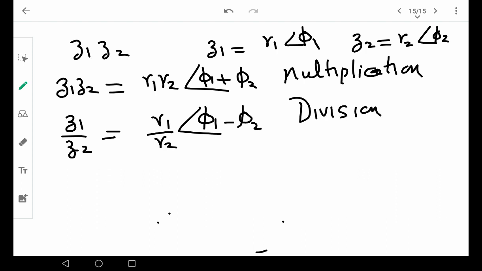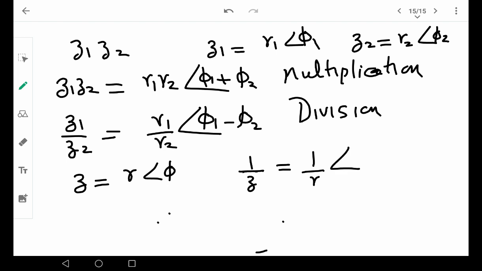If you want to find out the reciprocal of some complex number, suppose z equal to r angle phi, then you can write 1 by z equal to 1 by r angle minus phi.